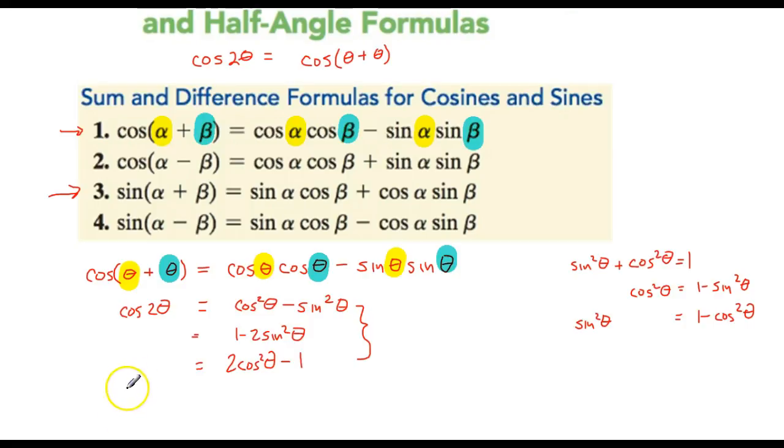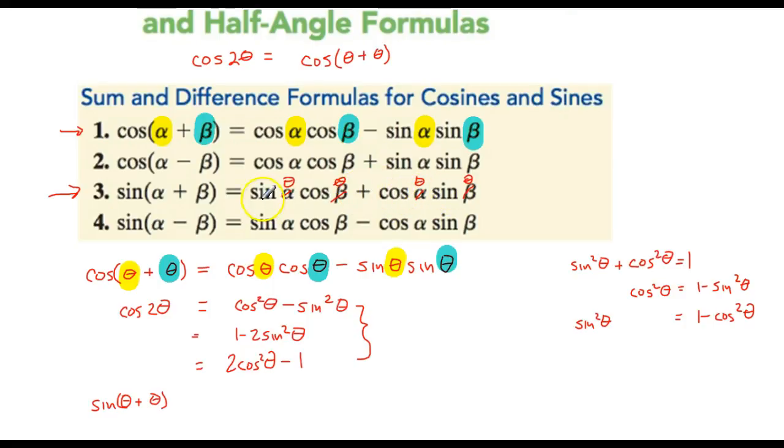Now if we did the same thing with sine, sine of 2 theta, which is sine of theta plus theta, I would replace the angles with theta, so I'd have a theta here, here, here, and here. Notice this is sine theta cosine theta, and so is this cosine theta sine theta.